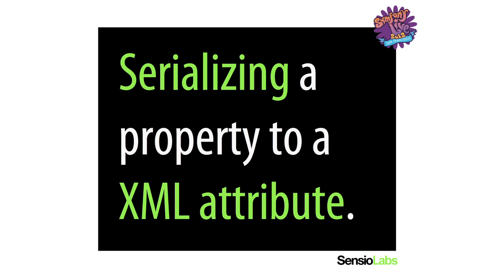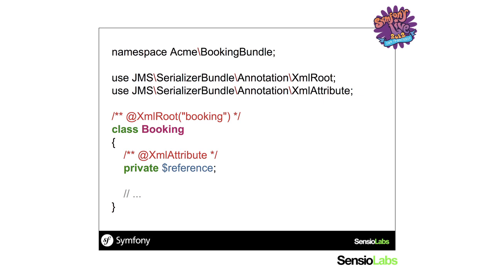Sometimes you would like to have XML attributes instead of having only nodes, because by default, as I said, the serializer converts your PHP object to XML, and in XML you will have only nodes. You won't have any attributes. So with the JMS Serializer bundle, you can ask for XML attributes.